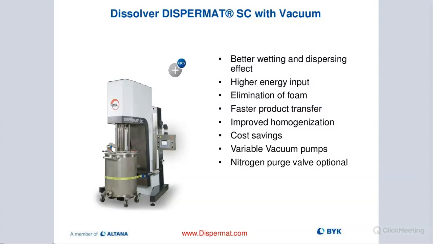By removing the air, we'll be able to get rid of the foam and then have faster product transfer from one vessel to another, like a storage tank, if that's something that you want to do. There's also the option of getting different purging valves for nitrogen or argon or any other inert gas. So that's also a possibility. Some people like to create a nitrogen blanket, so we can do that with that system also.